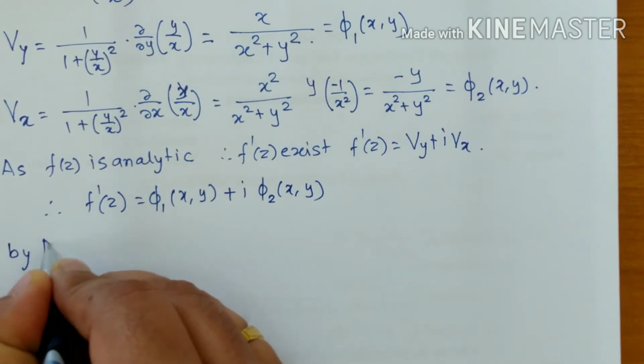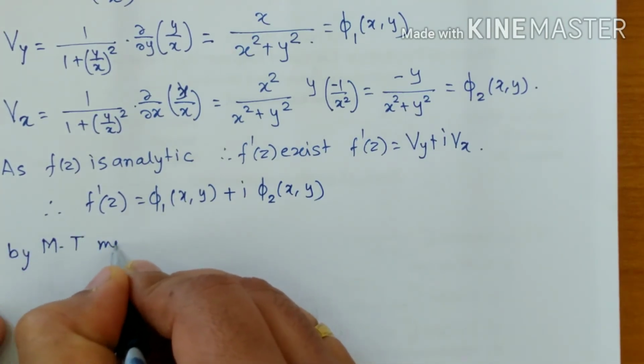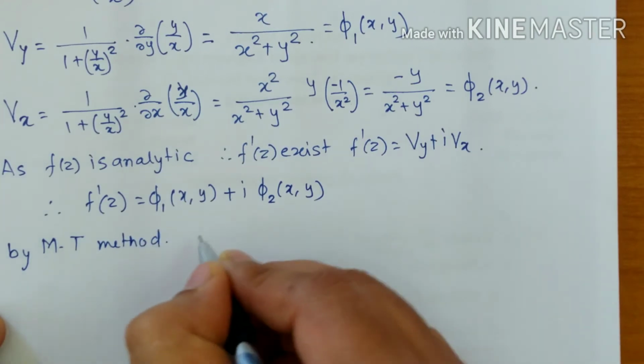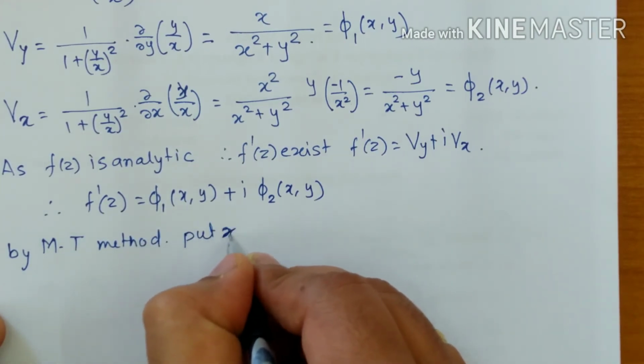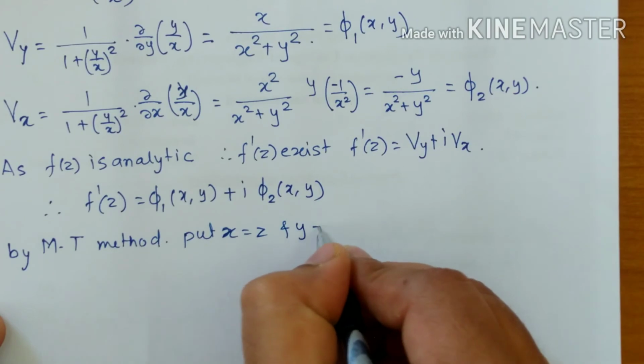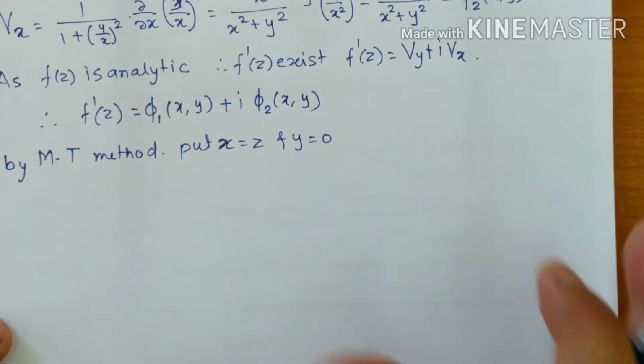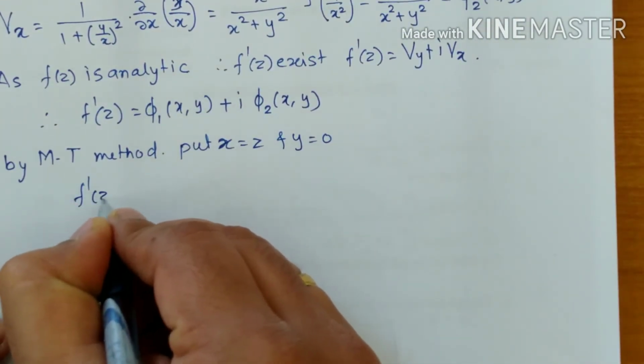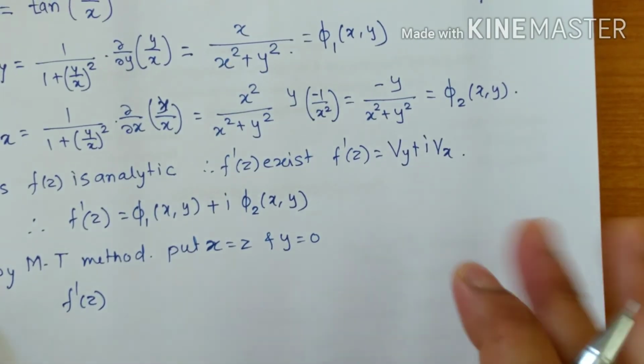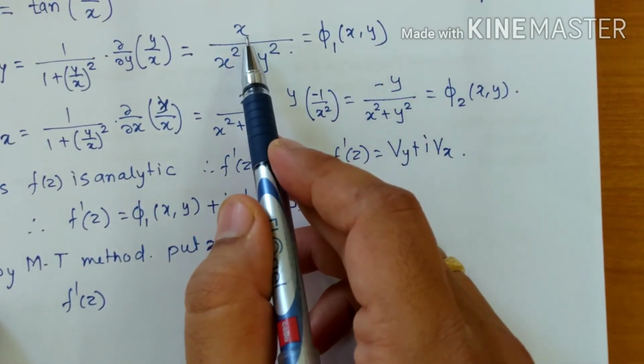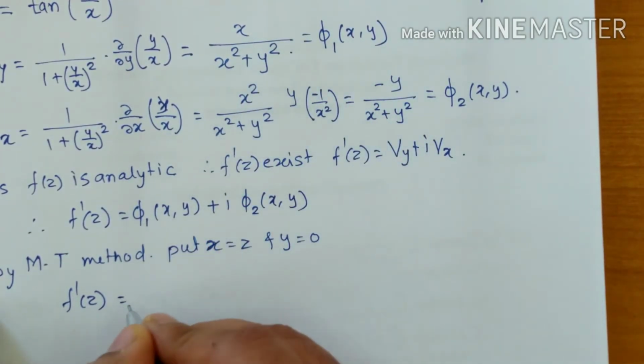By Milne-Thomson method, put x is equal to z and y is equal to 0.